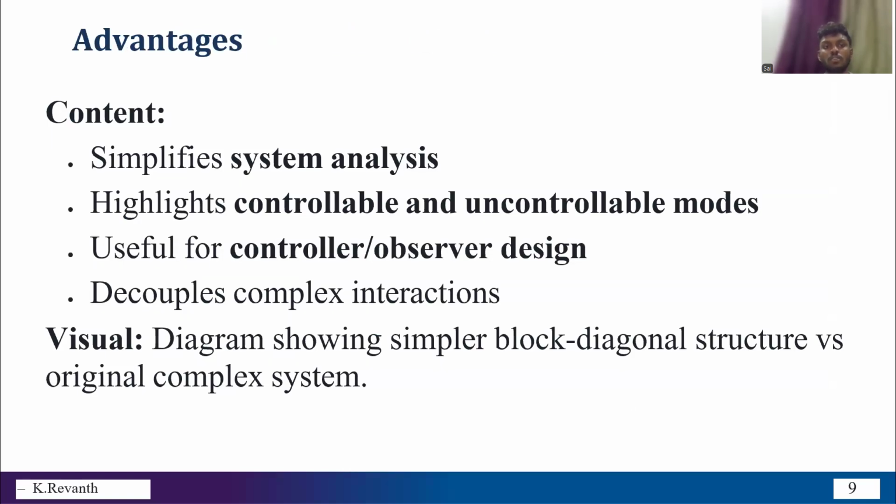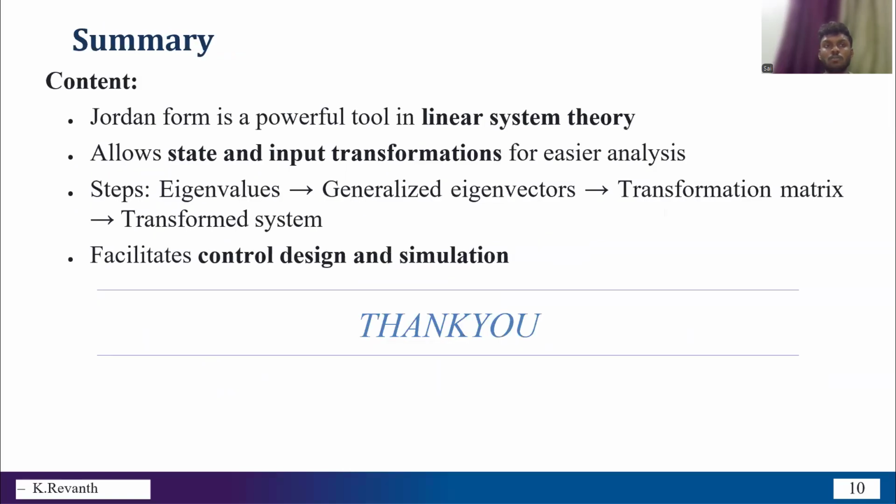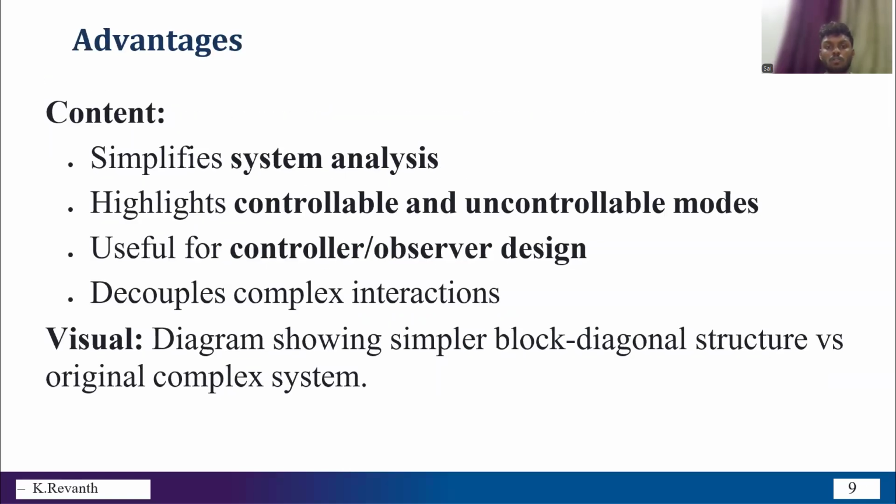Input transformations. Next comes input transformation. Like the state vector, we can also adjust the input so that the entire system works neatly in the new coordinate space. This ensures that the equations are compatible.